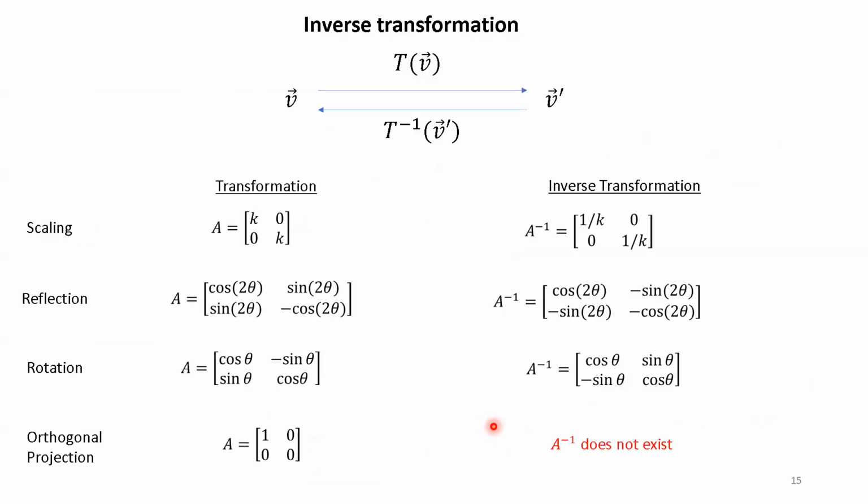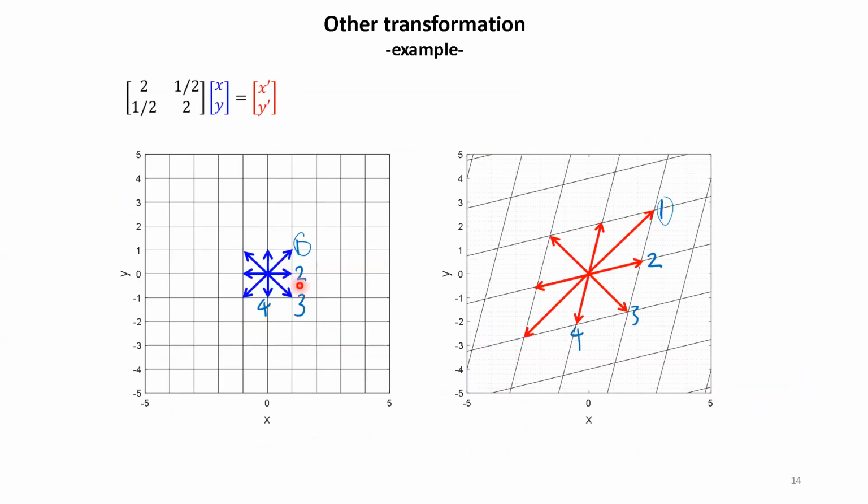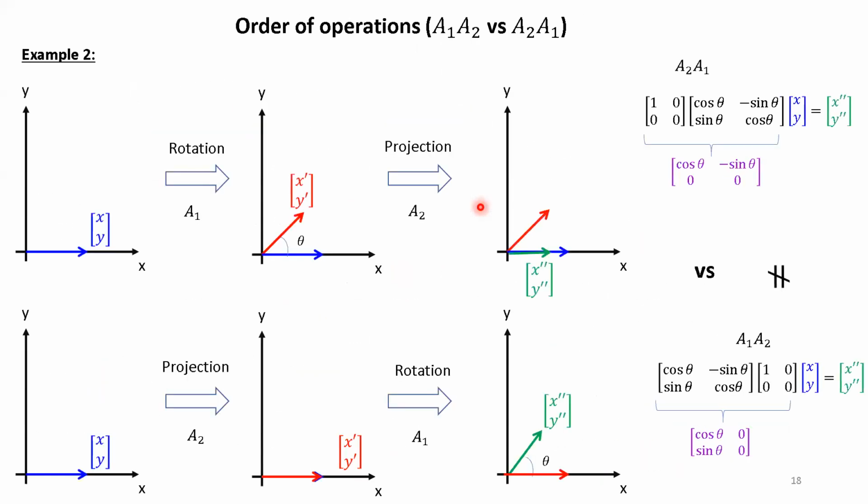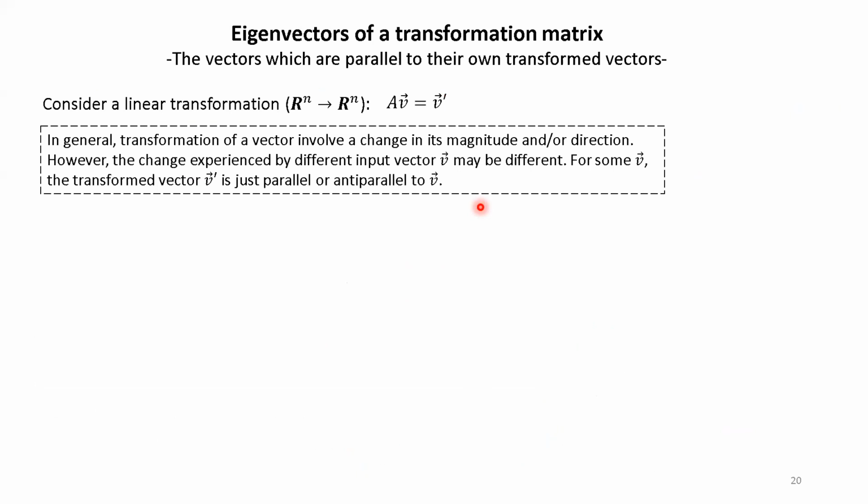If I consider this transformation, you can see that there are two special vectors which remain in the same direction after the transformation, and these are known as the eigenvectors. Let me define it more formally. I have this linear transformation, A times V equals this V prime.